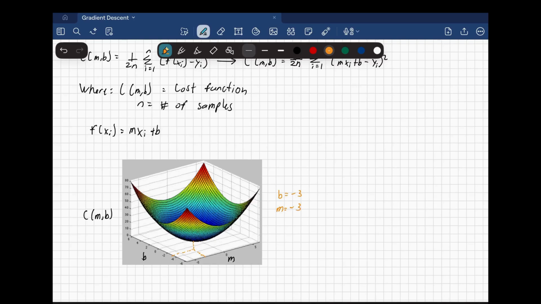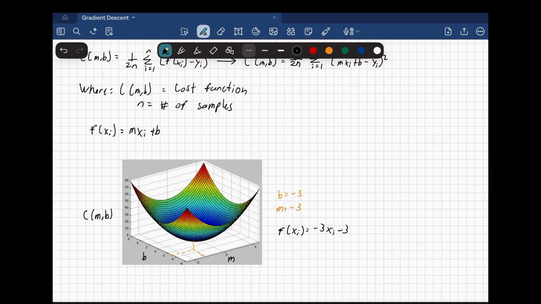This is just an estimate. So we have f of xi is equal to -3 xi minus 3. This is the best fitting line for the particular function.